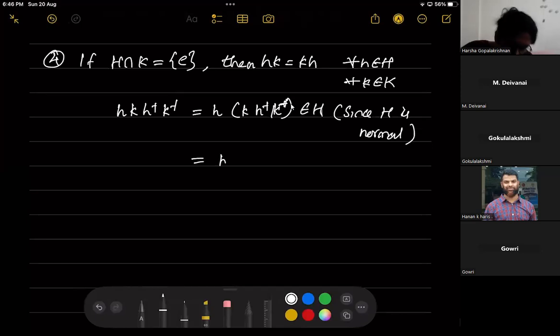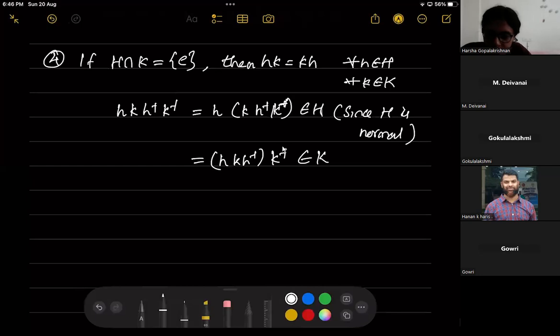Now again I am taking h k h inverse together and this k inverse outside. Can you tell where this element belongs? It belongs to K. h k h inverse belongs to K, since K is normal, and k inverse also belongs to K. These two elements belong to K, so their product also belongs to K, since K is a subgroup.